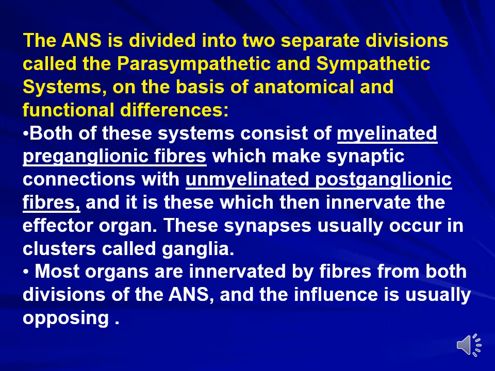But both of these systems consist of myelinated preganglionic fibers that synapse in a ganglion, then unmyelinated postganglionic fibers, which reach the effector organ. These synapses occur in clusters of cells outside the central nervous system, which are called ganglia. And most organs are innervated by fibers from both divisions, and usually the influence is opposing each other.